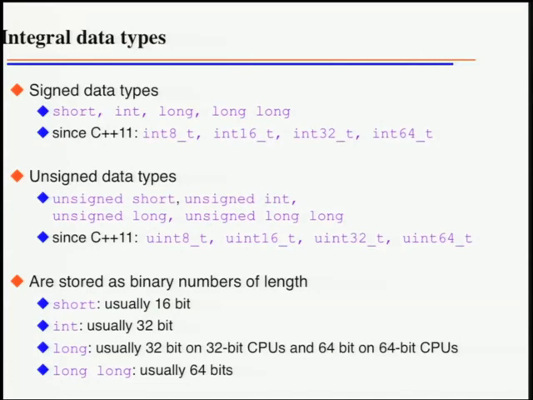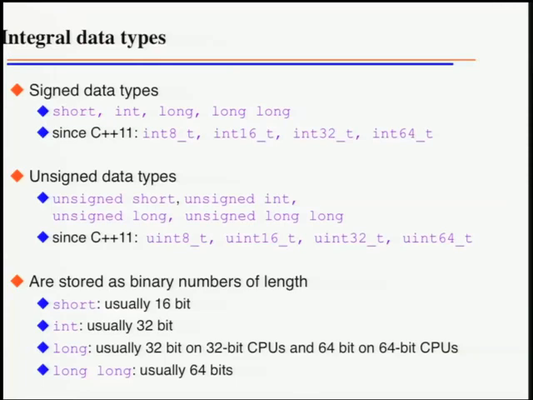Then, since C++11, you also have some types that explicitly specify how many bits you actually want. This is implementation defined for these short, int, long types. So in general, you could have one platform where the short has 16 bits and another platform where the short has 32 bits.